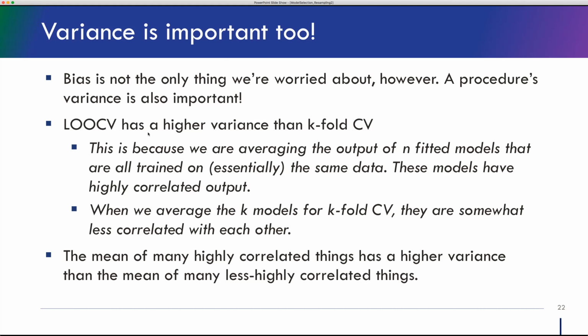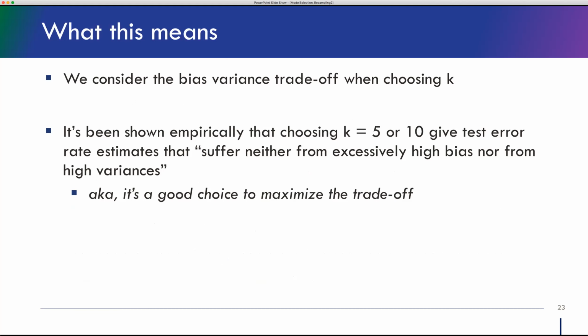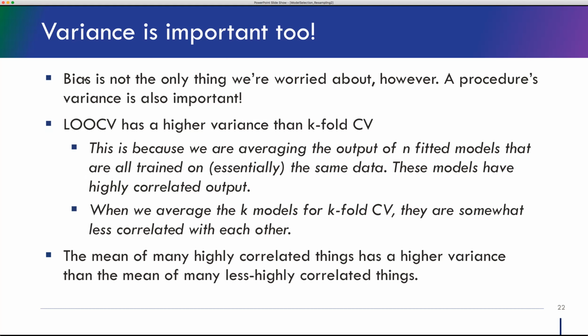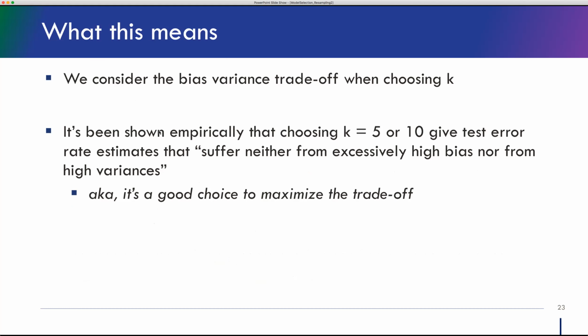We have to consider this bias-variance trade-off when we choose k.